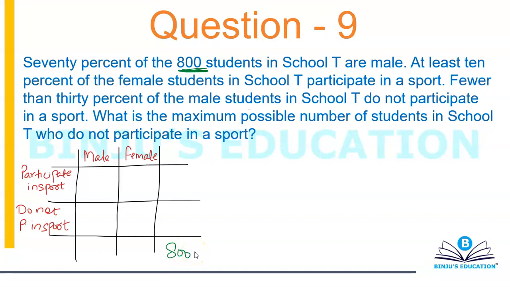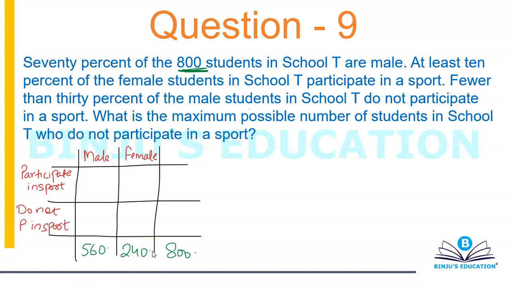70% of 800 students are male. So 70% will be 560 are male, which basically means that 240 would be female.